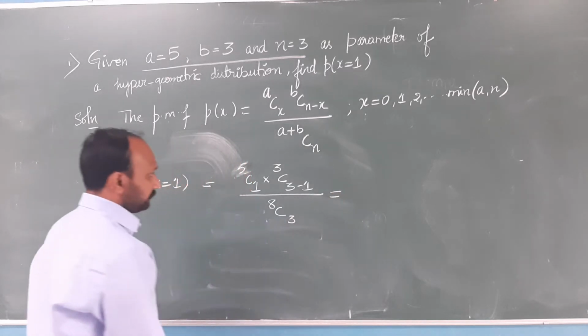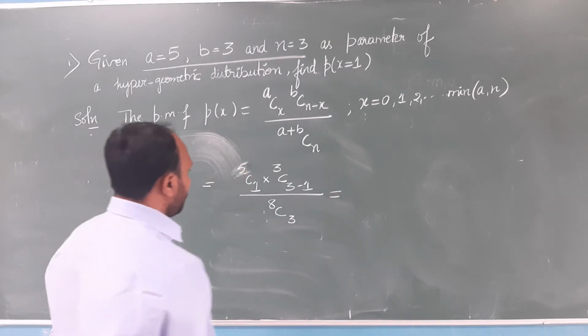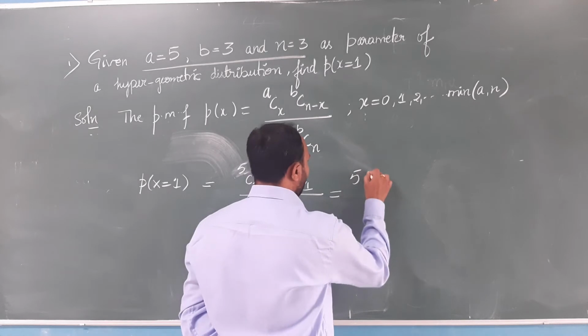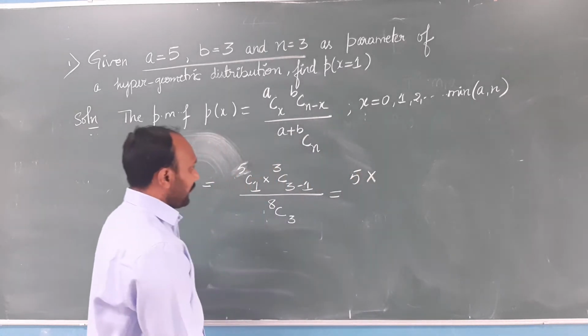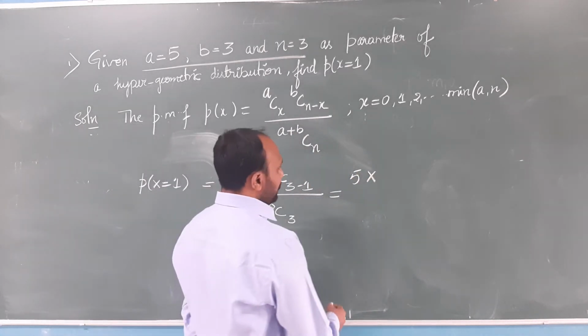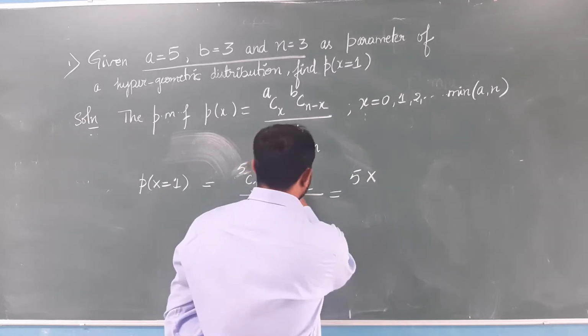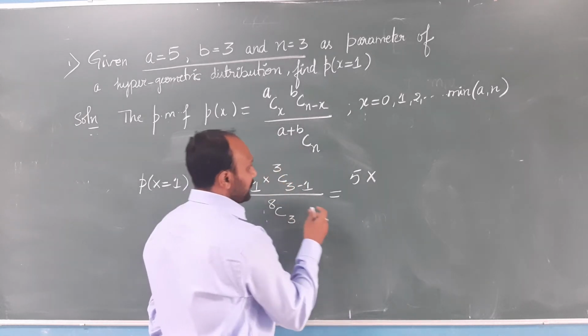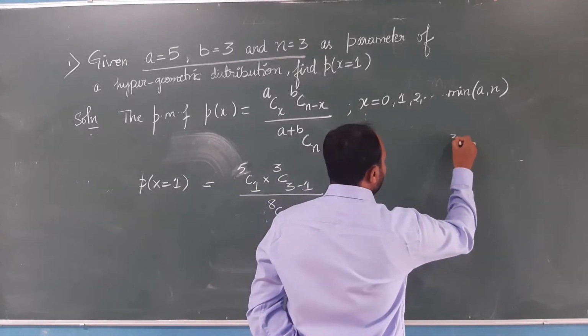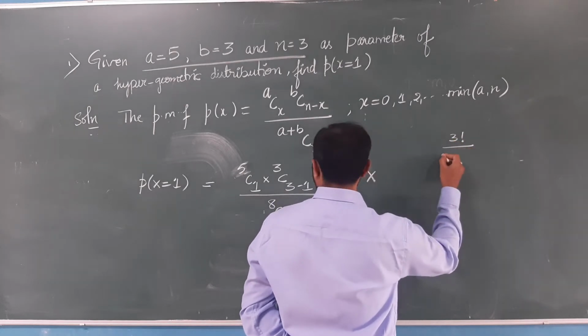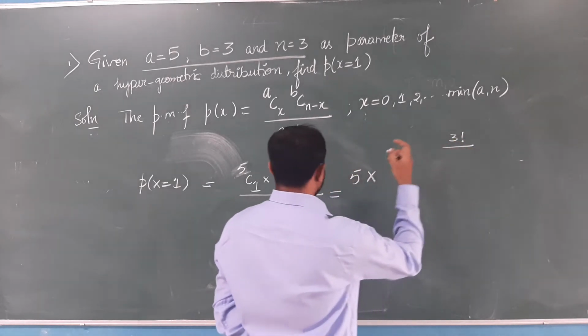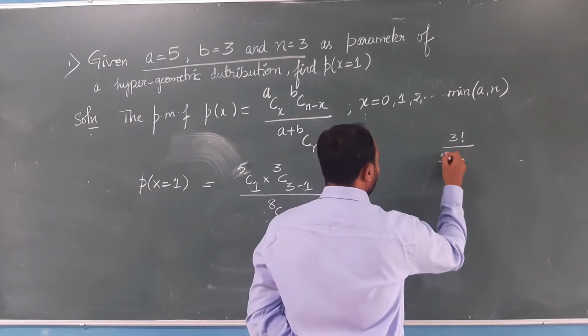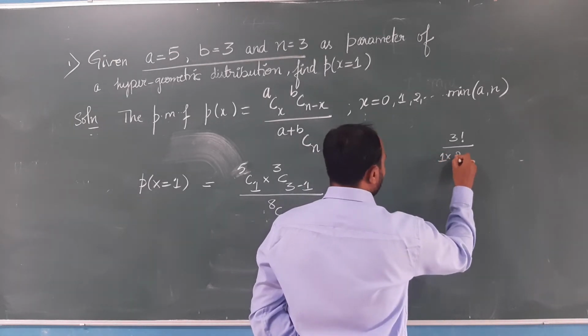That is 5C1, which is 5, into 8C3. Now 3C2 is 3 factorial divided by (3−2) factorial, that is 1 factorial into 2 factorial.